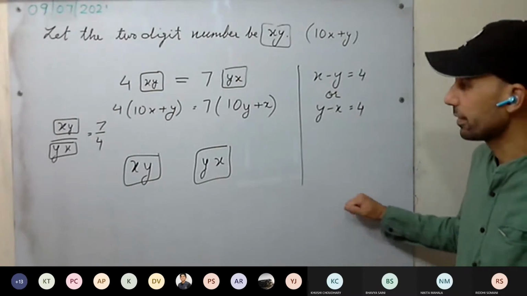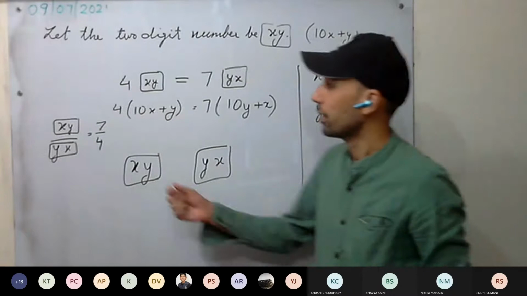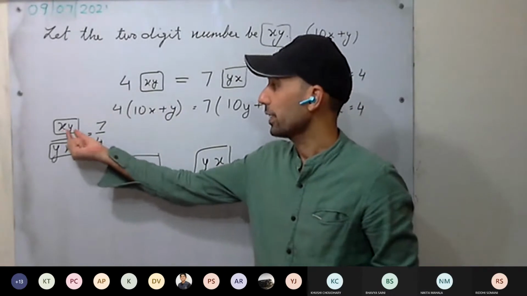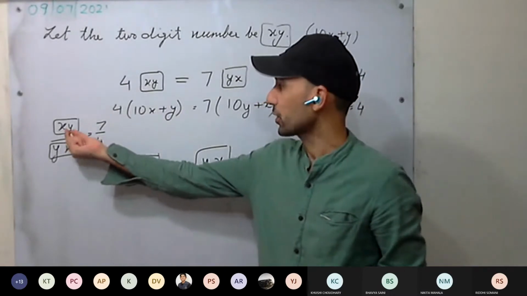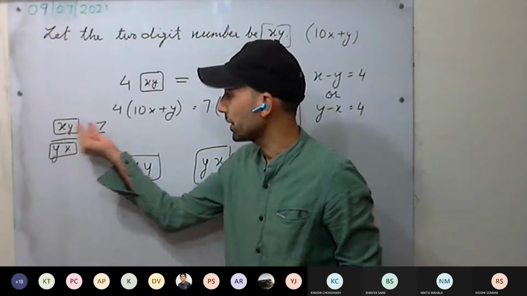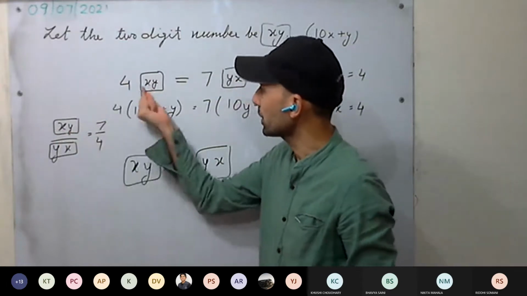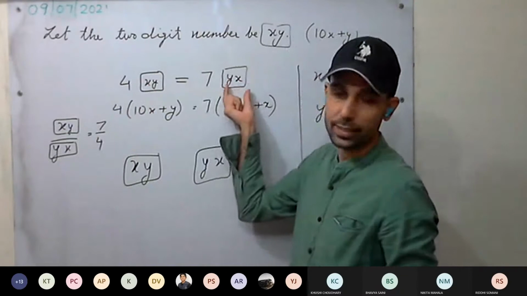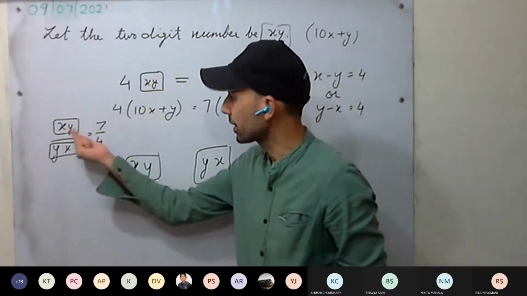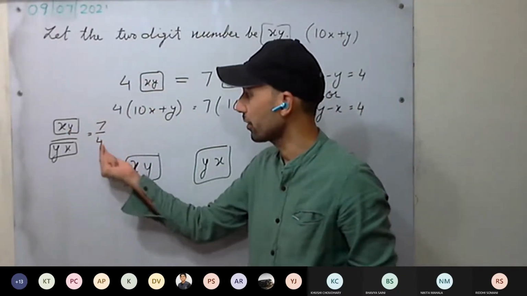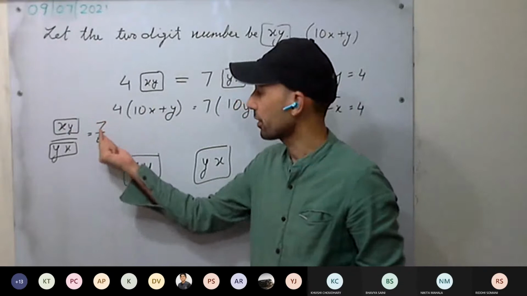Can anyone tell? xy, the first number is greater? Yes or no? If 4 times the first number is 7 times the second, it means the first is greater. This ratio as well, we can say it is 7 is to 4.